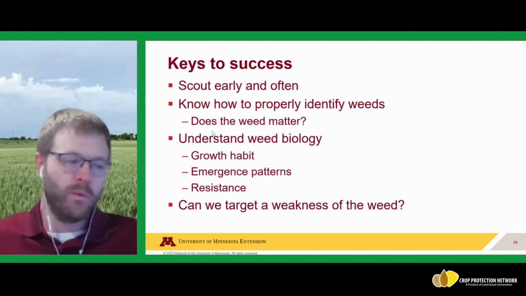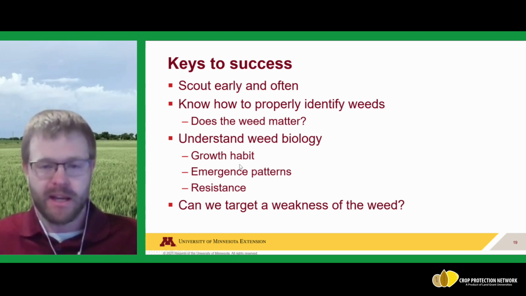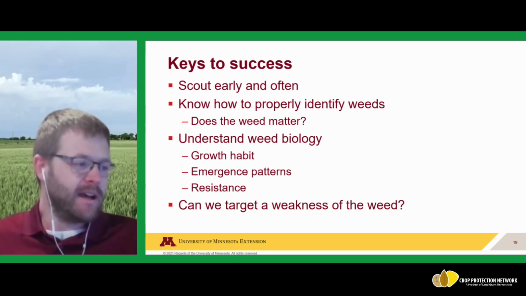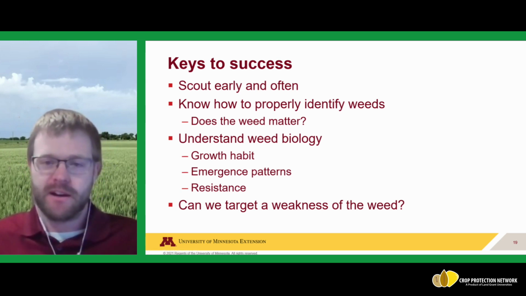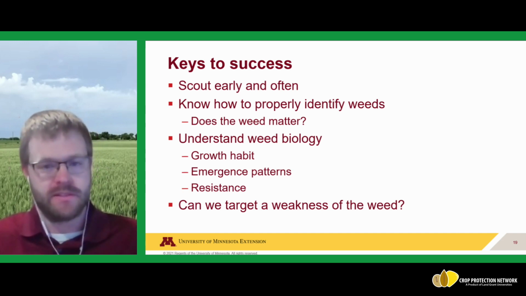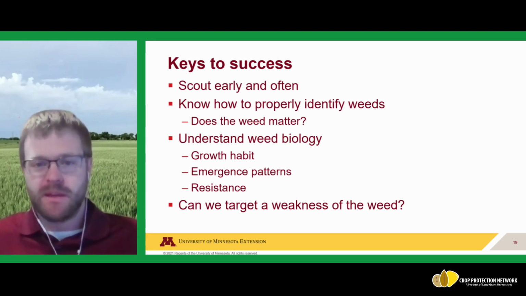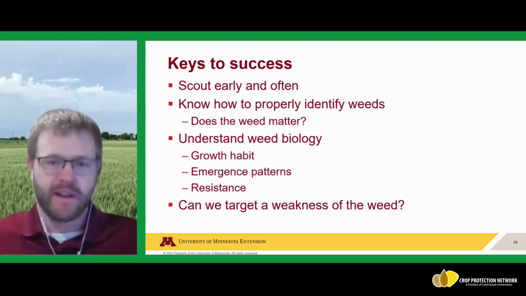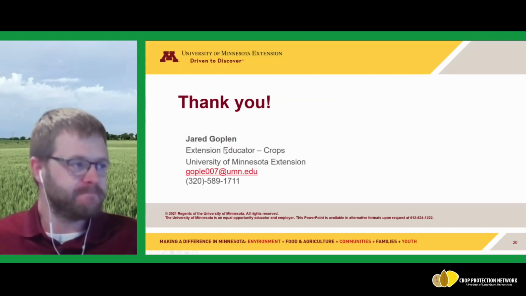We can know how weed biology, the growth habit, emergence patterns, and resistance might feed into weed control. And then we need to think about how all of those characteristics play together and think about targeting weaknesses of those weeds. What are areas or characteristics of that weed that might be a little bit more vulnerable? How can we target those and be a little bit more effective in our weed control programs?